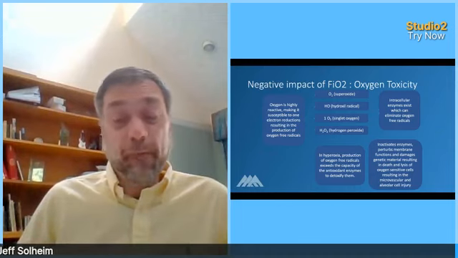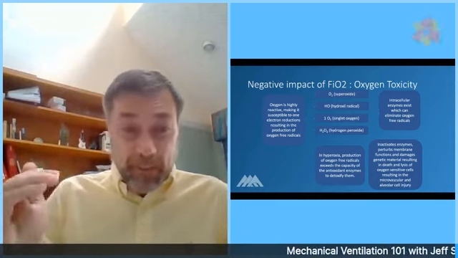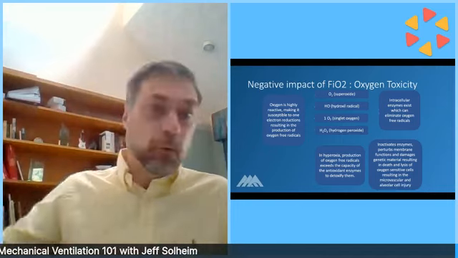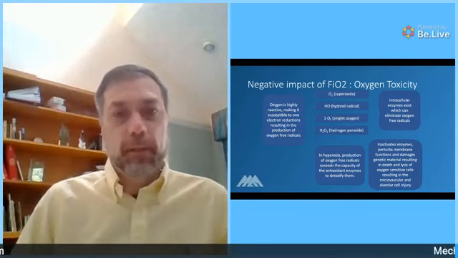So for that reason, we're limited in how much FiO2 we can use, especially for a long period of time. You can start somebody on FiO2 of 100, but you can't leave them there for the rest of the time in ICU, or you're going to create a whole new set of problems in this whole oxygen toxicity realm.